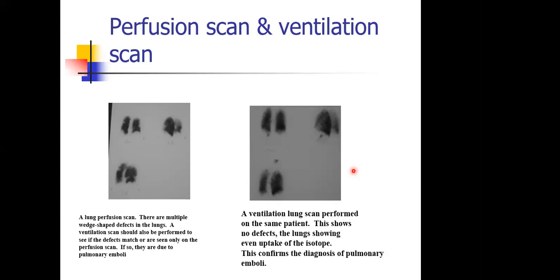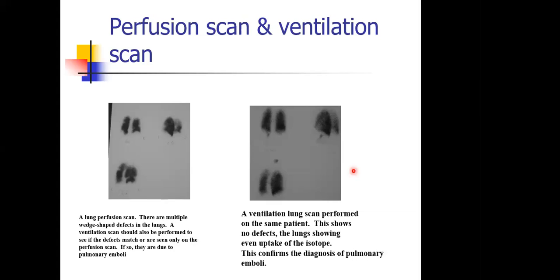Usually, this particular scan, some literature talks about it as the VQ scan, which I guess you could have come across in your textbooks. Literally what we are referring to is the ventilation perfusion scan. And the patient undergoes scanning twice.